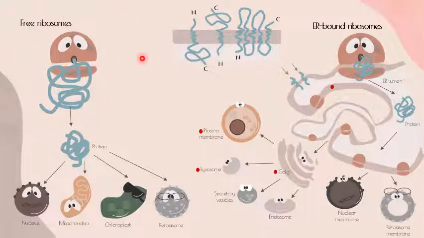Both of these happen in yeast, while the co-translational translocation is the most abundant in mammals, and this is what we are going to cover later on.